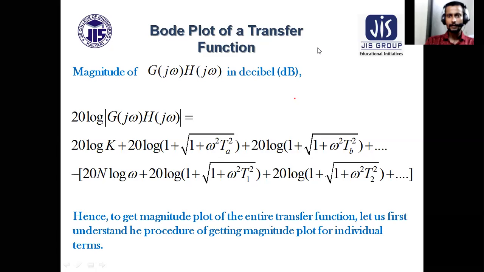See here, a printing mistake is there. This 1 should not be there.